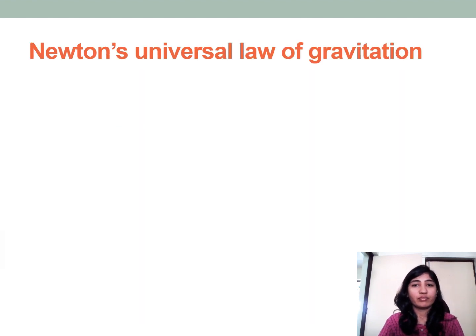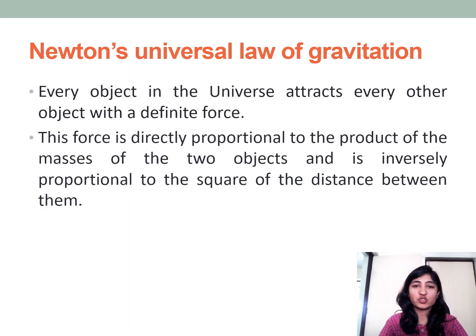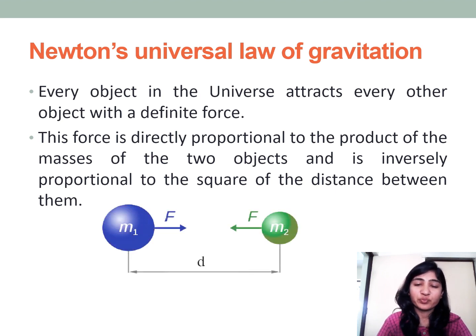Okay. Now Newton's universal law of gravitation. Newton says that every object in the universe attracts every other object with a definite force. This force is directly proportional to the product of the masses of the two objects and is inversely proportional to the square of the distance between them.